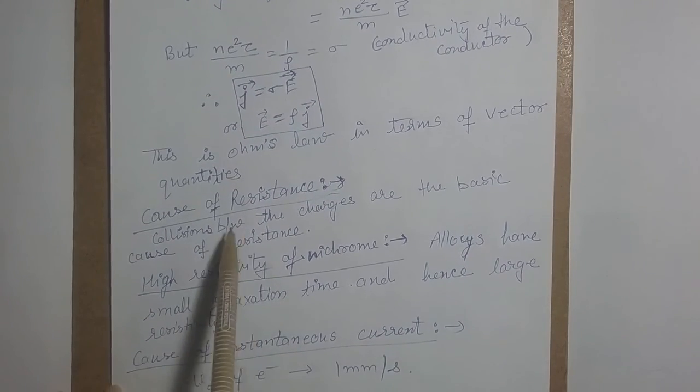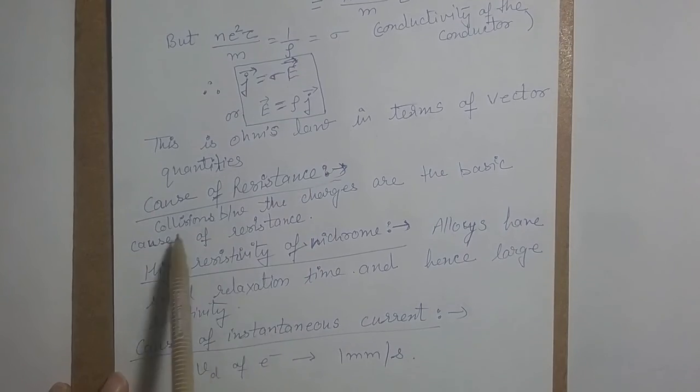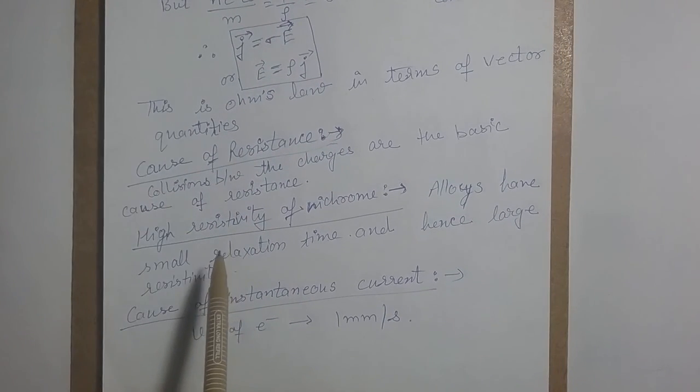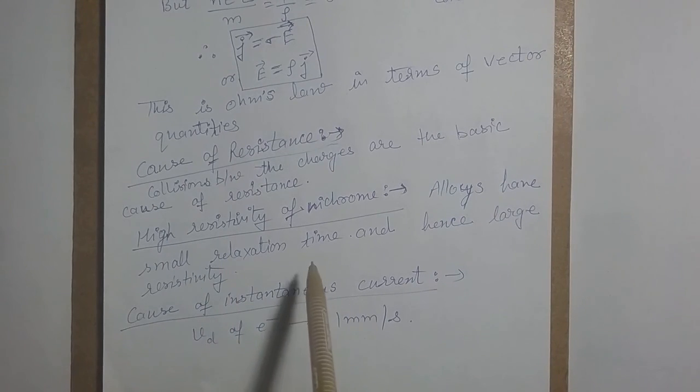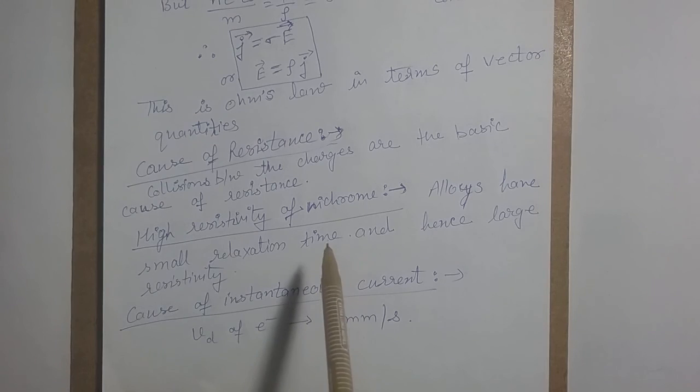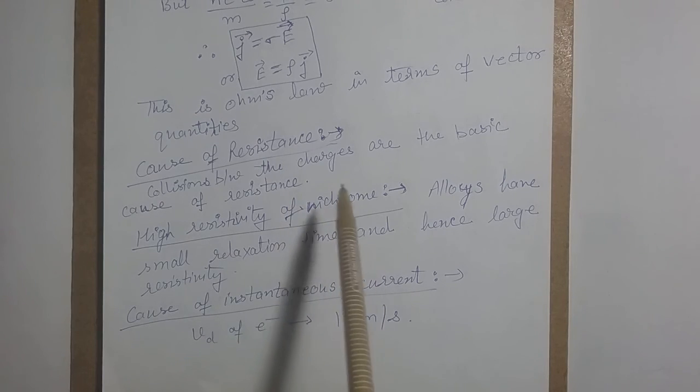Now what is the cause of resistance? We are studying the resistance, resistivity and all. So what is the cause of this resistivity? The basic cause of resistivity is the successive collisions between the charged particles.